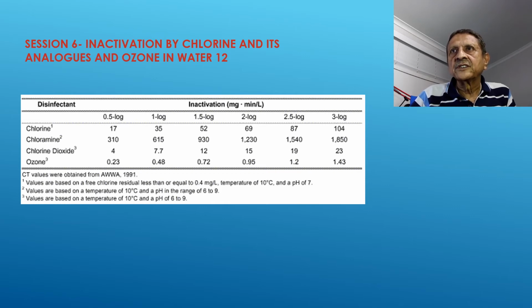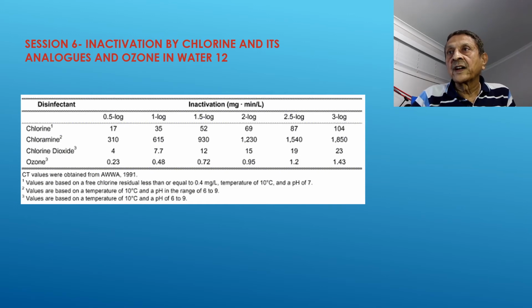So all the units given here are milligrams per minute per liter. Now on the top you have 0.5 log, 1 log, 1.5 log, 2 log, etc. And each log, instead of giving units, they express it in log forms, because the difference between 0.5 log and 1 log is 10 times. And between 1 log and 1.5 log is 1.5 times, that is 15 times.